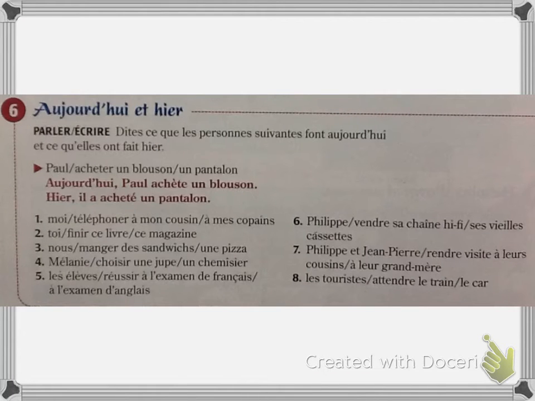Take a look at exercice 6, aujourd'hui et hier. Dis ce que les personnes suivantes font aujourd'hui et ce qu'elles ont fait hier. Today and yesterday. Say what the following people are doing today and what they did yesterday. So, kind of two sentences here contrasting.